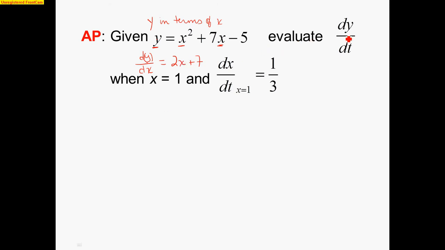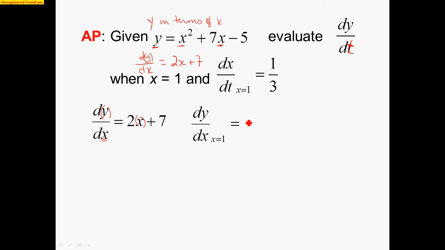They want me to evaluate dy dt, not dy dx, at 1. And they're giving me dx dt at 1 is 1/3. So again, thinking about the derivative of y with respect to x and our alternative version of the chain rule, I can tell you what dy dx is at 1 if I find the rule for dy dx.